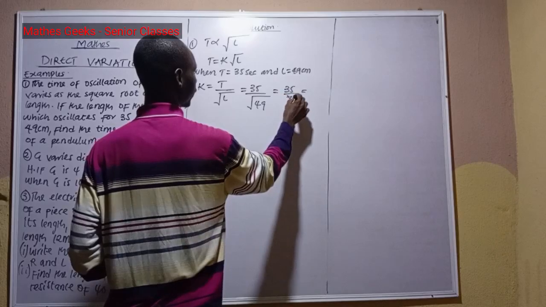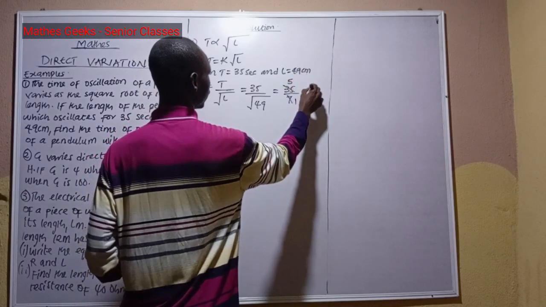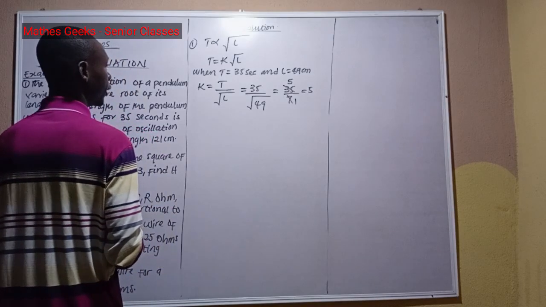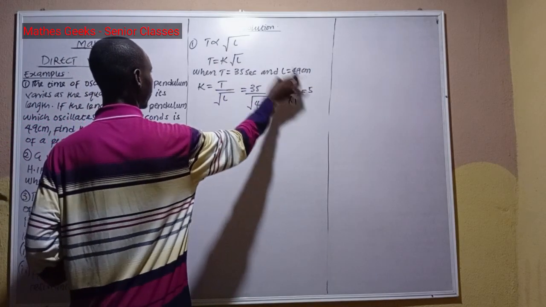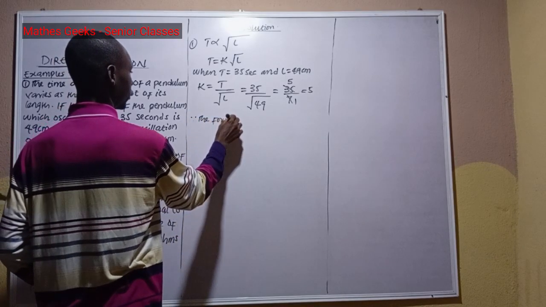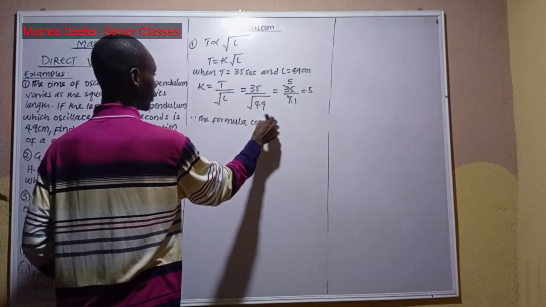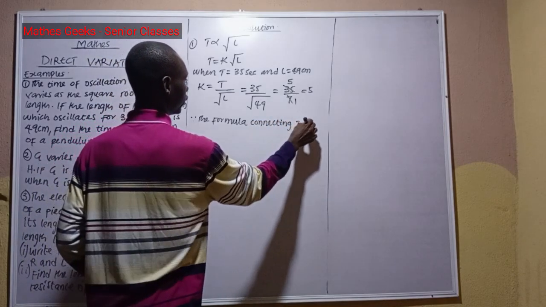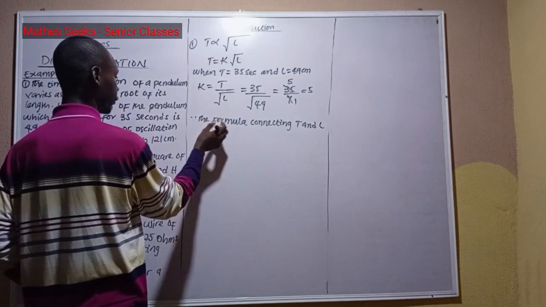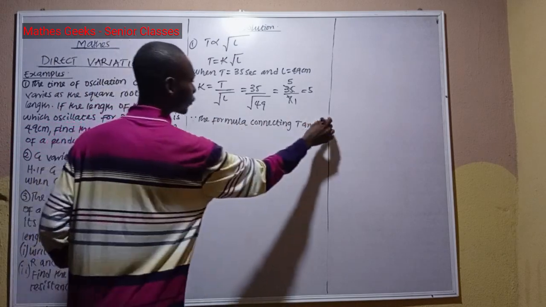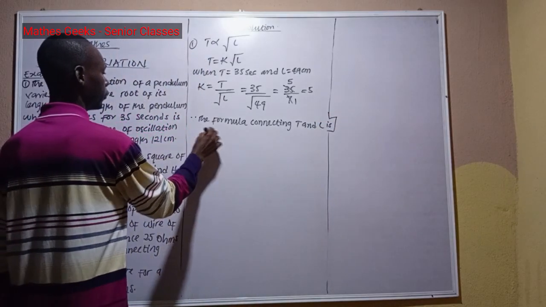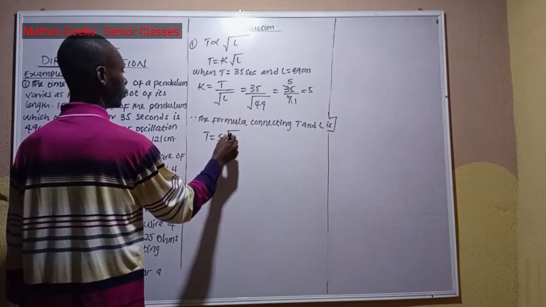That's 35 over 7, which is 5. So our value for k is 5. Now we're going to put 5 in place of k to get our formula. Therefore the formula connecting T and L is T equals 5 root L.